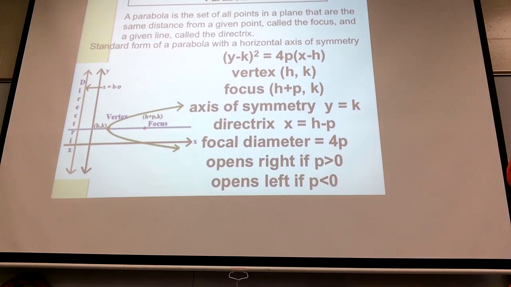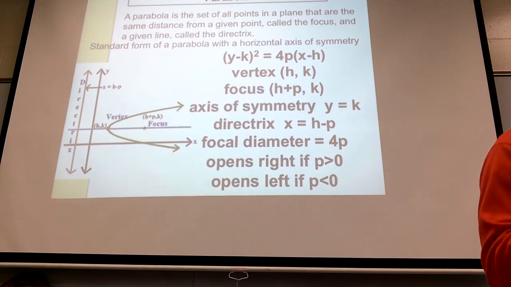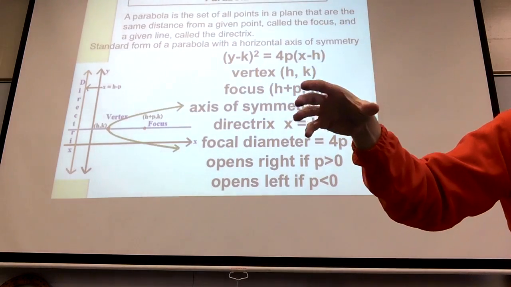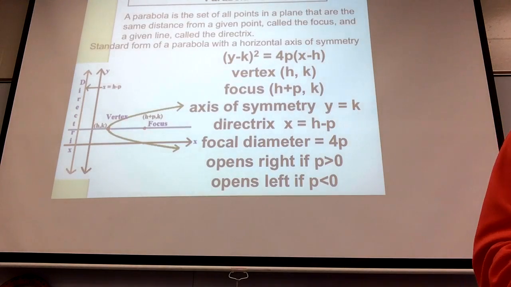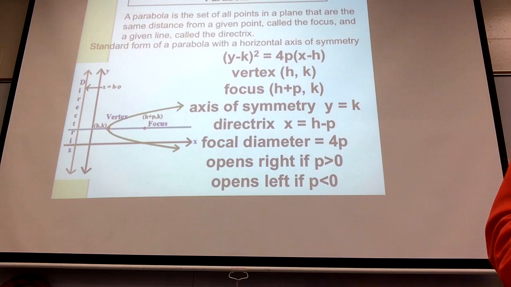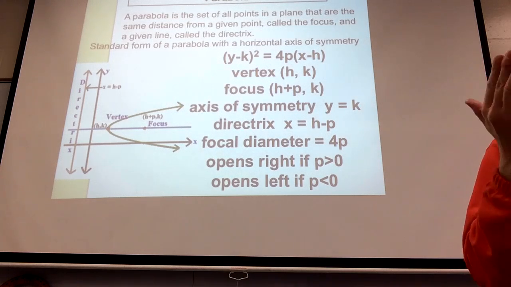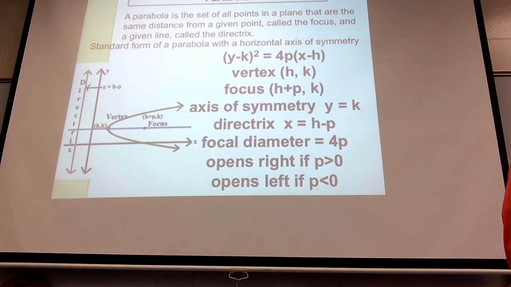Like on the first ones, for our focus, we only added or subtracted stuff from the y because it was moving vertically. If I turn it so now my parabola is going left or right, now I've got to alter the x coordinate. So to get your focus, you're either going to add or subtract that p-value from your x coordinate, and then for the directrix, now you'd be working with the y coordinate.